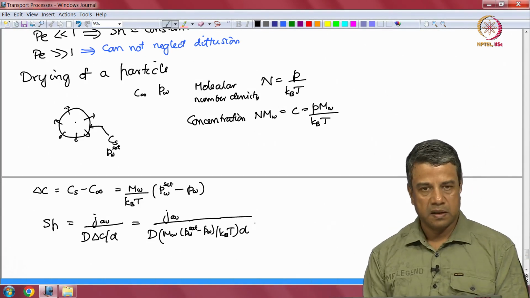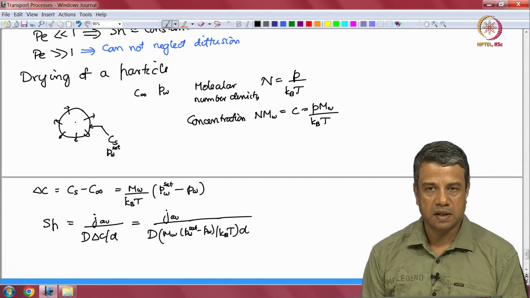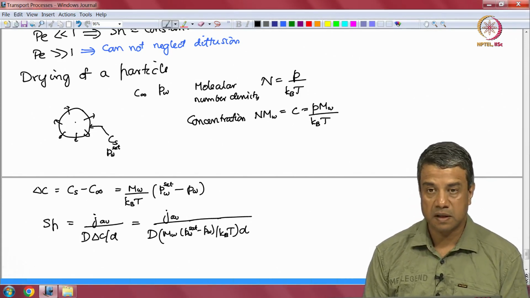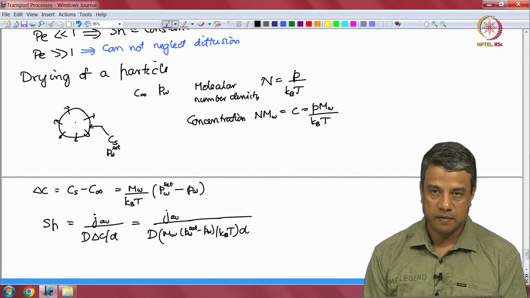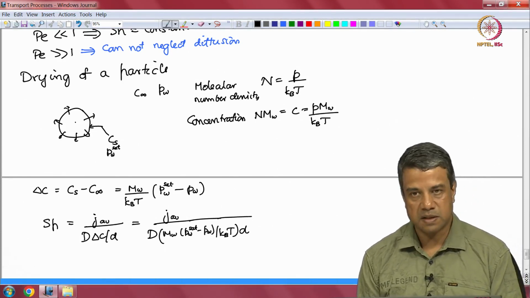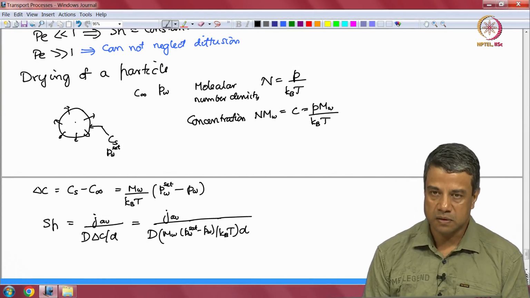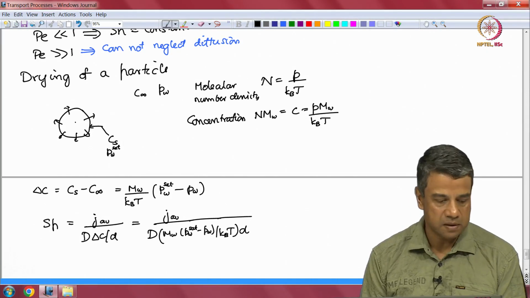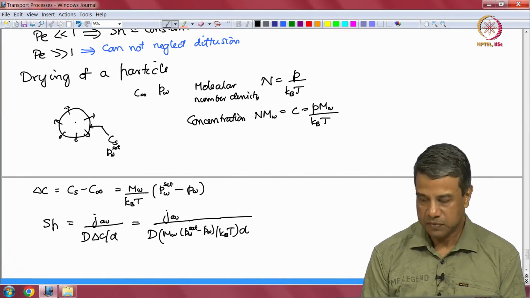So, that is how you would use it in case the concentration is not specified, but rather the vapor pressure and the partial pressure. The saturation vapor pressure at the surface and the partial pressure of water far away. In case those are satisfied, you can use the ideal gas law in order to express the Sherwood number in a similar manner.